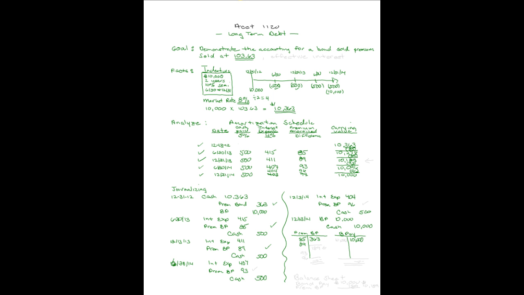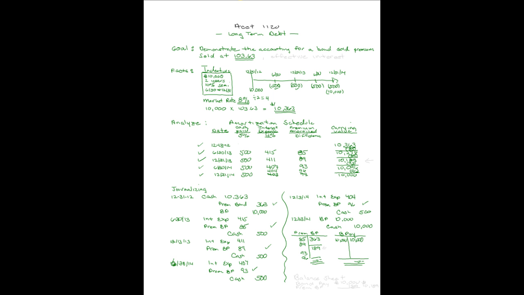If you get a total right here, that's $189 at that point in time. I'm going to come back to that. Let's post the other 93 and the other 96, and the bonds premium is down to 0. And then you pay off the bonds payable and it goes away. That's how it looks in the general ledger.